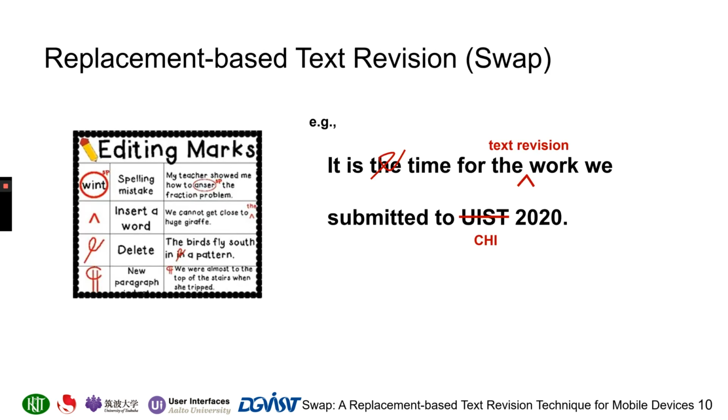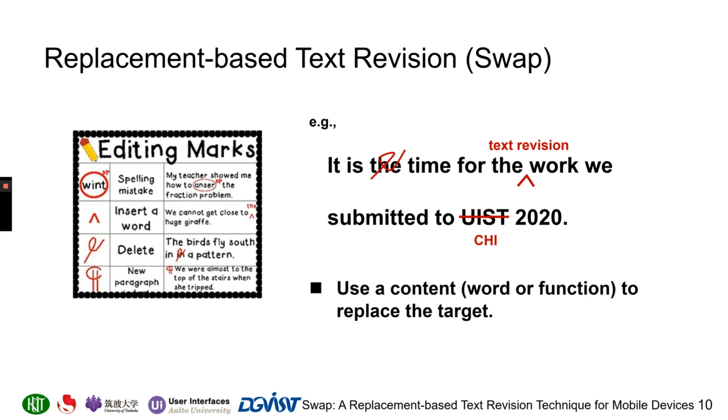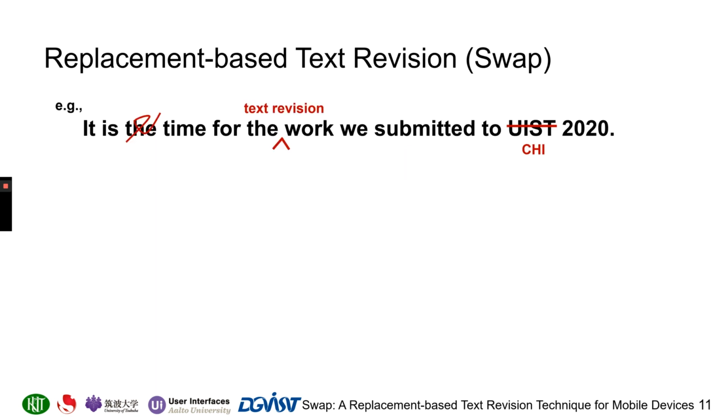We got inspired by the revision marks used in pen-on-paper revision. For example, we can use symbols to delete, insert, or replace words in a sentence. It is intuitive to see the changes. We summarized the commonality of those marks and found that most revision requirements could be unified as replacement.